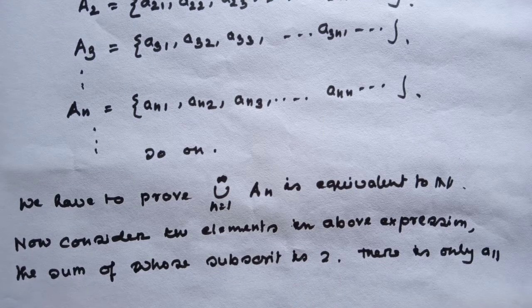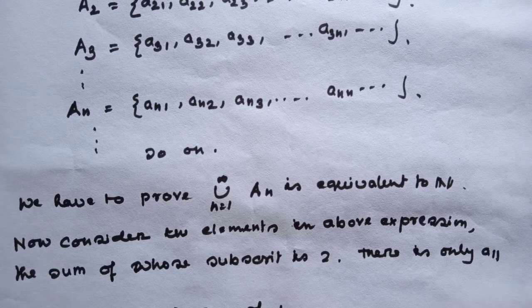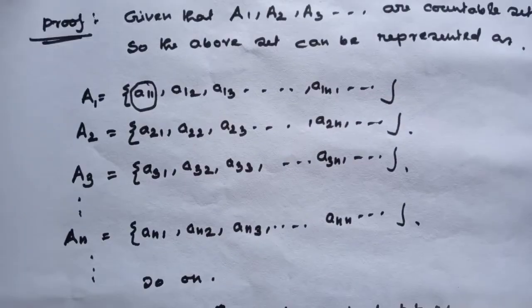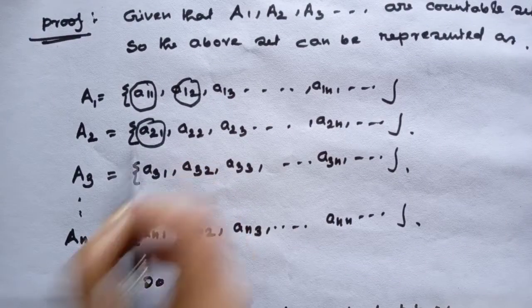Now find the elements whose sum of subscripts is 3. There are 2 elements, A12 and A21. Have you understood? That means A12 and A21.